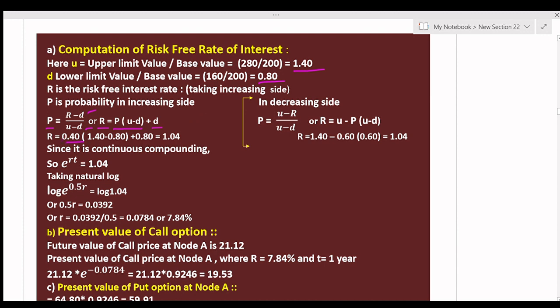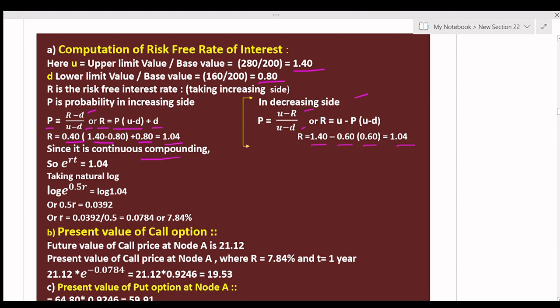R is equal to, P is equal to 0.4, it is the increasing side. 0.40 into 1.40 minus 0.8 plus 0.8 is equal to 1.04. Alternatively, you can use P on the decreasing side, U minus R divided by U minus D. That is 1.40 minus R over 0.6, equal to 0.6, so R is equal to 1.04.